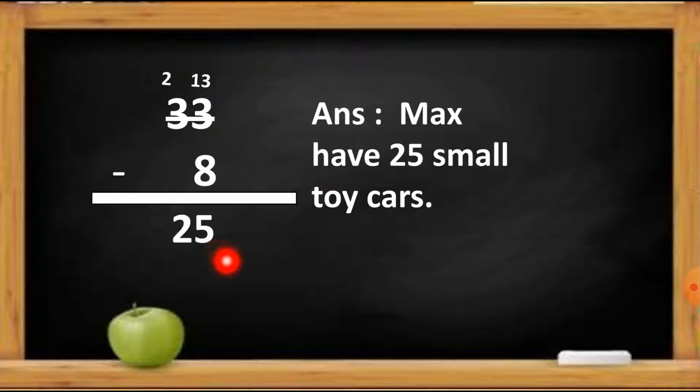So we get the number 25, and you have to write down the answer this way. Write Answer, then a colon, and write the sentence of this answer. Max has 25 small toy cars. This way you have to write down the answer. Hope this concept is clear to you all.